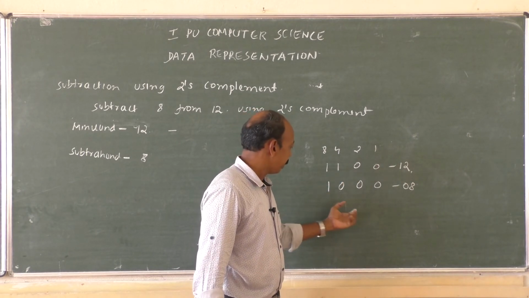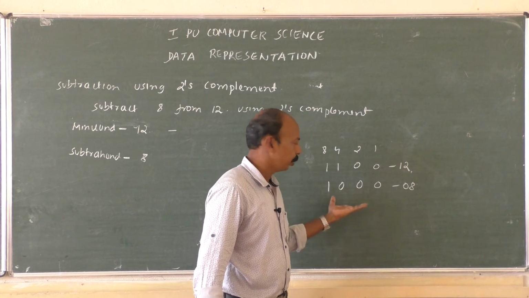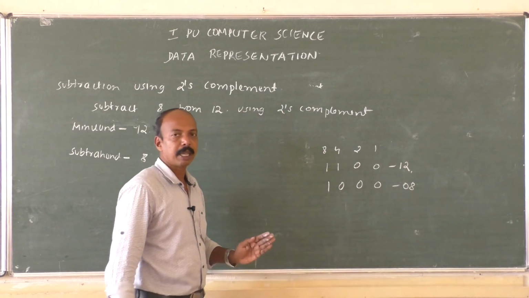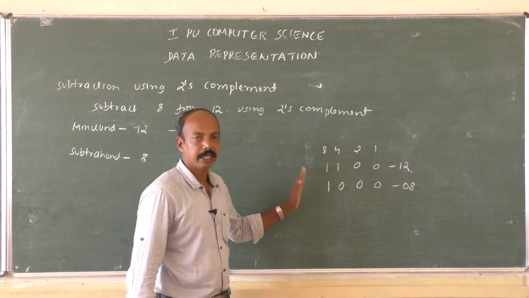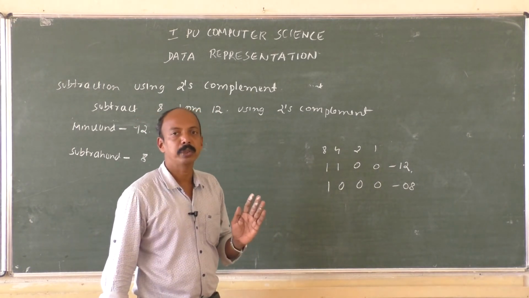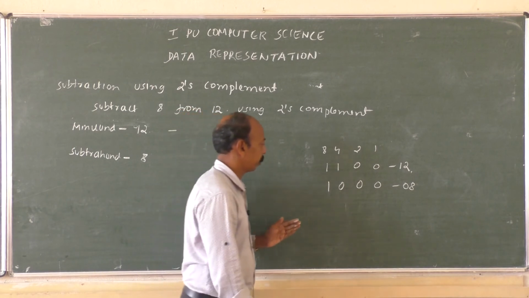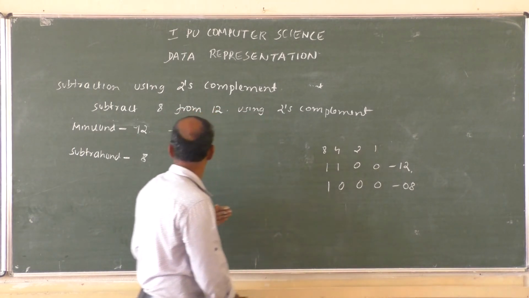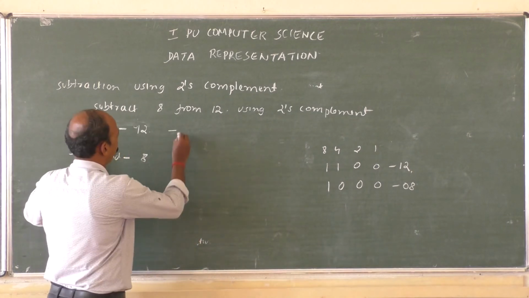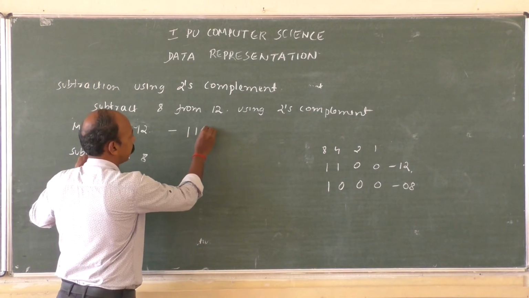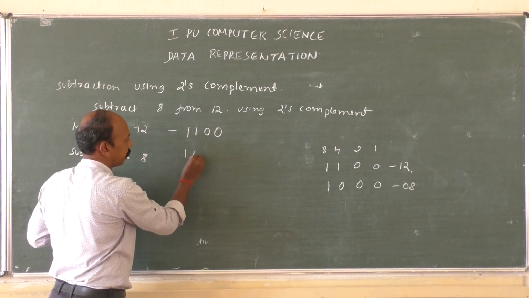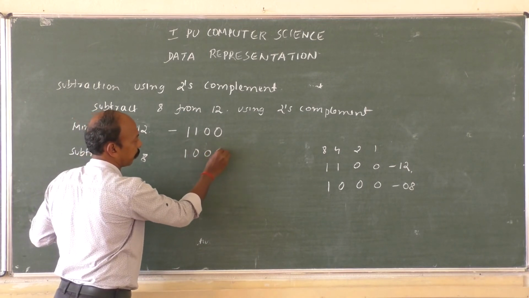That's why, in order to make the 7 as 4 bits, add 0 to the left side. Always remember that the number of bits should be equal in 1's complement and 2's complement subtraction. Otherwise, whatever answer we get will be wrong. Now, minuend is 1, 1, 0, 0. Subtrahend is 1, 0, 0, 0.